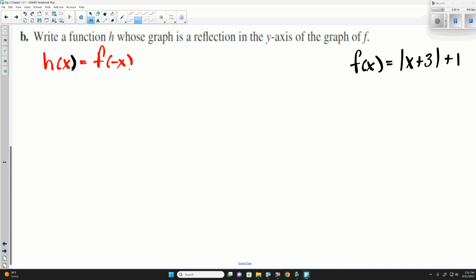So because we're doing y-axis, we'll have f of negative x. Well, unlike the x-axis, we have now replaced the x in the function with negative x, which means over here I've got to replace this x with negative x, which will tell us h of x is equal to the absolute value of negative x plus 3 plus 1.